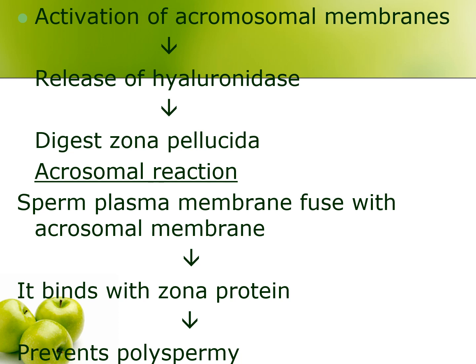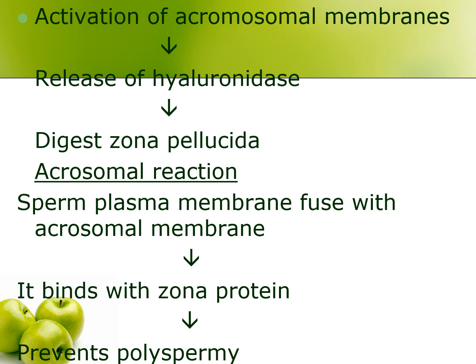The sperm is supposed to penetrate all these layers, especially the thicker zona pellucida, and the enzyme hyaluronidase helps the sperm penetrate that membrane. Later, this process is known as the acrosomal reaction.